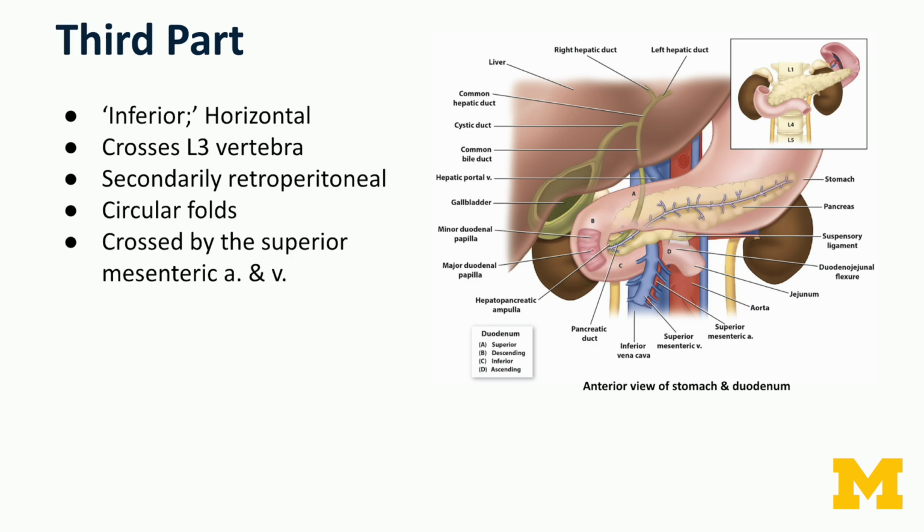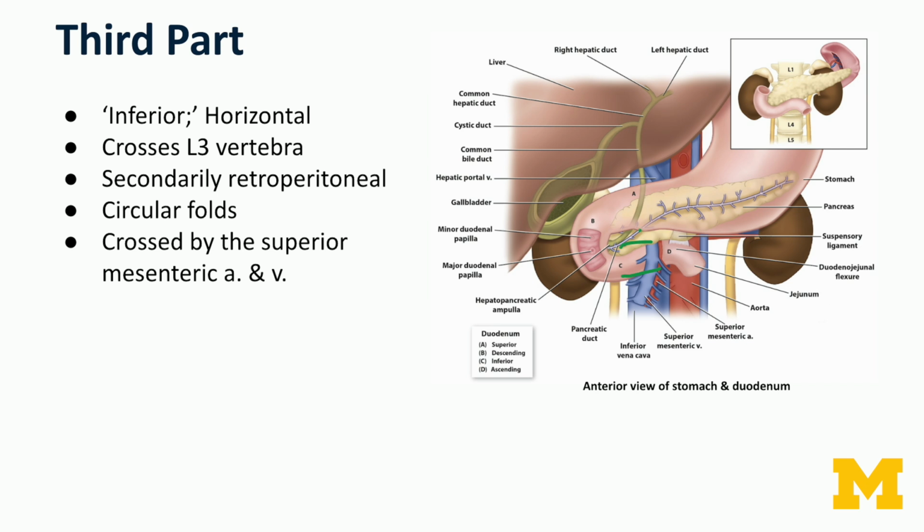The third part of the duodenum, or the inferior or horizontal part, is at about the L3 level. It also is secondarily retroperitoneal and rich with circular folds. It is crossed by some major abdominal vasculature.